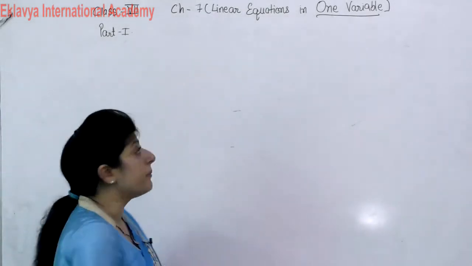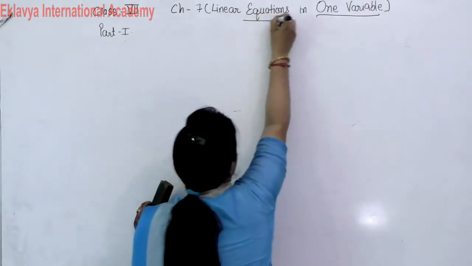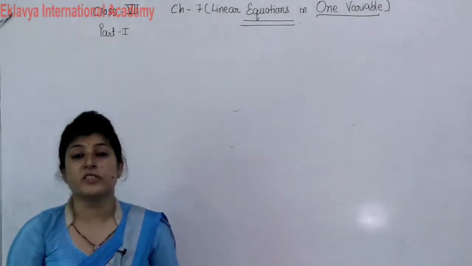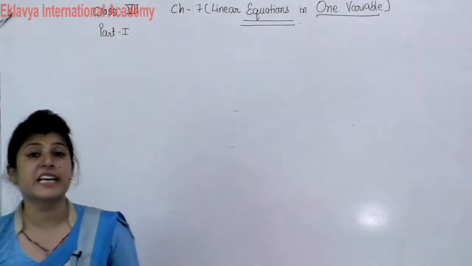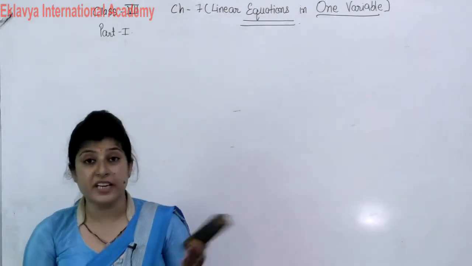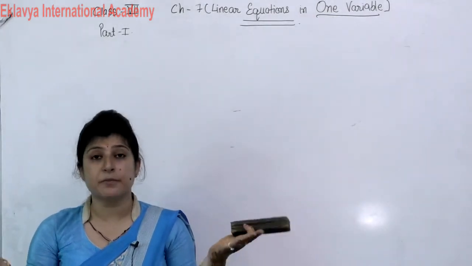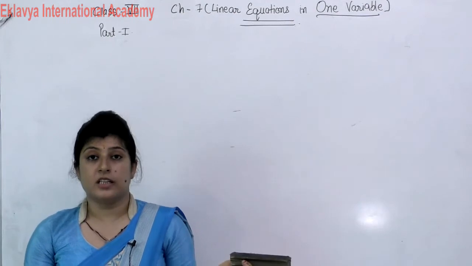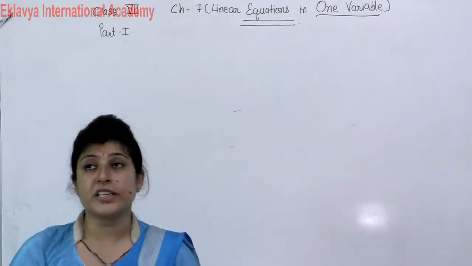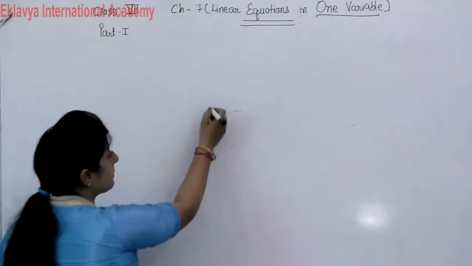Now what is the meaning of an equation? Equation means any statement which shows equality. It means if we are comparing two sides, then they both should be equal, and then we can say this is an equation. So in an equation we take two parts.